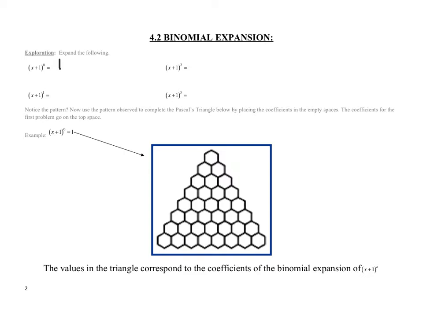This is going to be x squared plus 2x plus 1. See, I'm using the special products from the previous problem. This is just going to be x plus 1, and this is going to be x cubed plus 3x squared plus 3x plus 1.